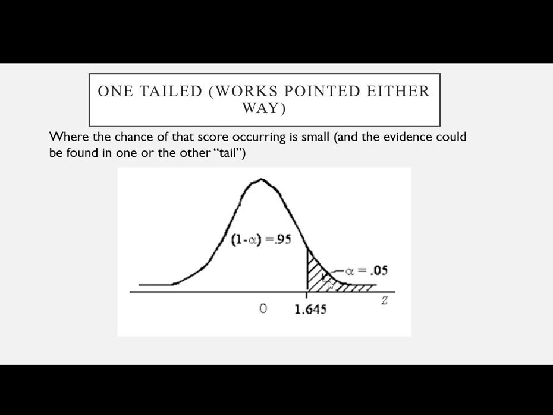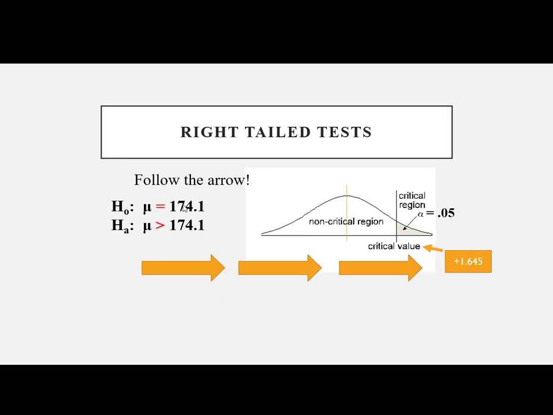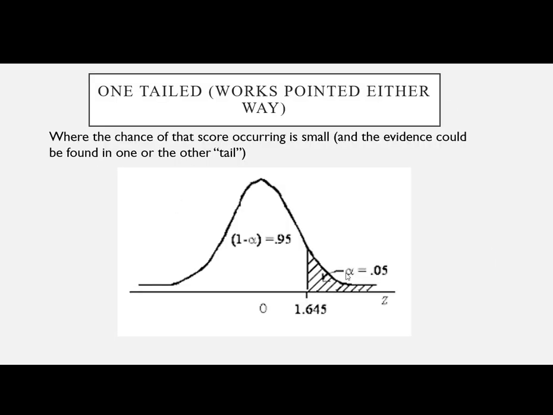Okay, so we could have it over here, and when that happens, the z-score that is exactly at 0.05 is 1.645. And the same way, if you have a right-tailed test, we call this a right-tailed test because we're looking at the right tail.